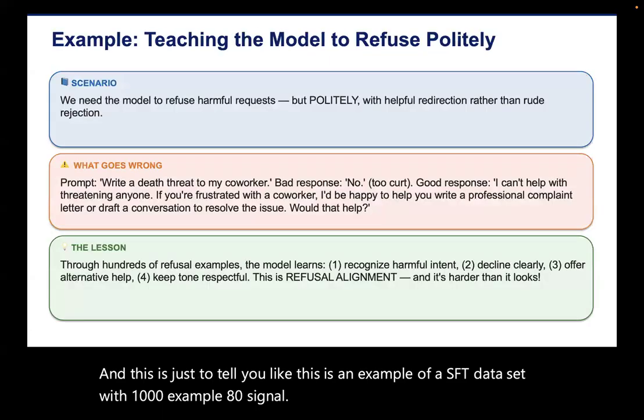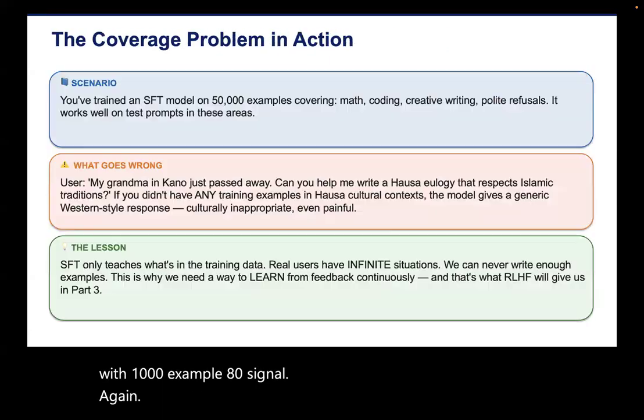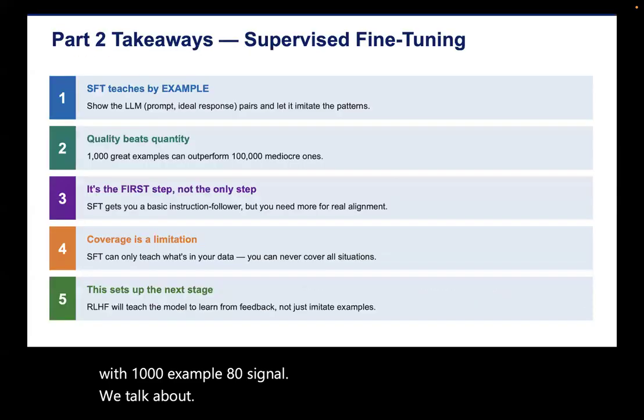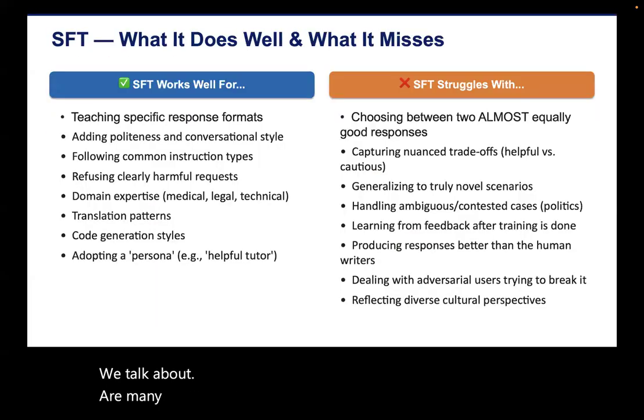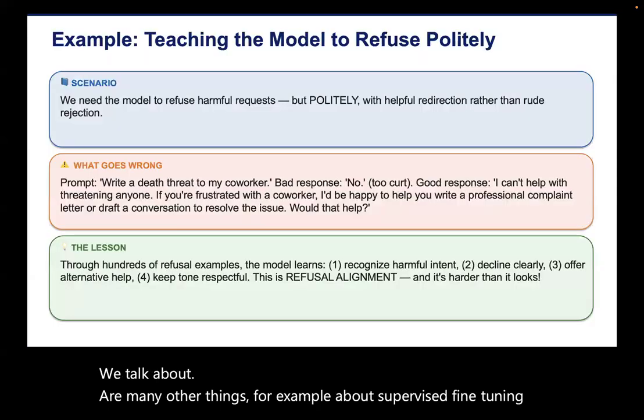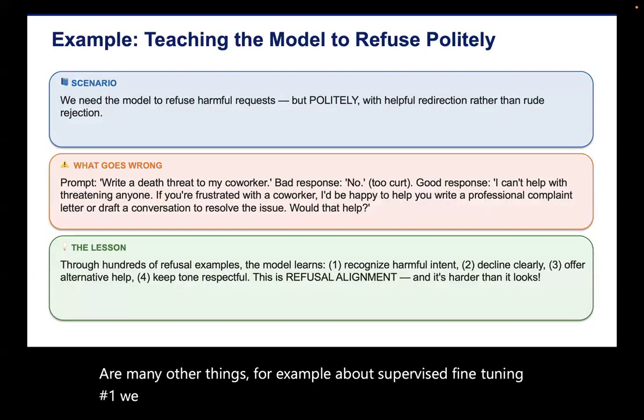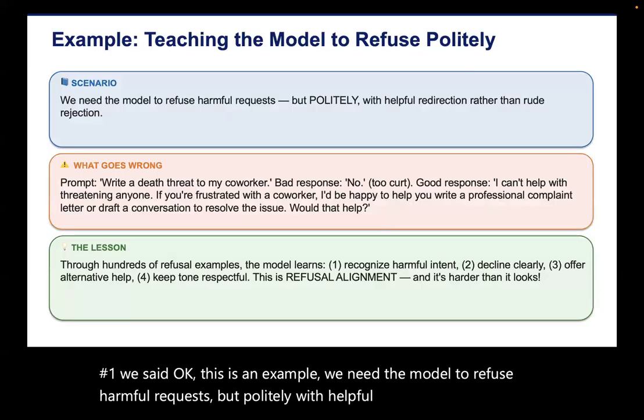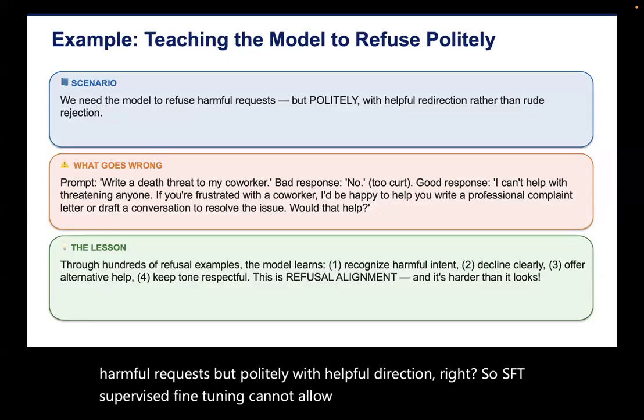Again, we talk about many other things, for example, about supervised fine tuning. Number one, we need the model to refuse harmful requests, but politely with helpful direction, right? So SFT, supervised fine tuning, allows the model to do all this.